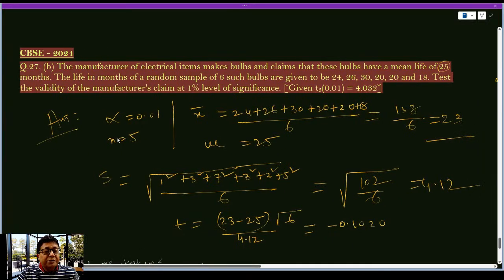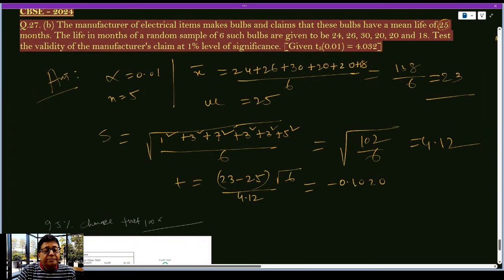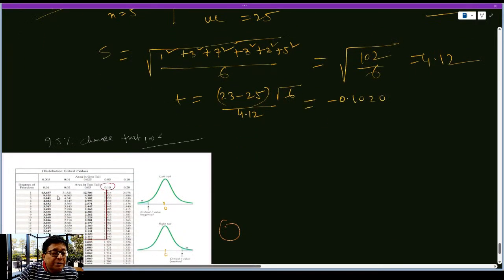Now for alpha 0.01 and n equal to 5, let us find the value. For the two-tail test, 0.01 and 5 is coming 4.032.